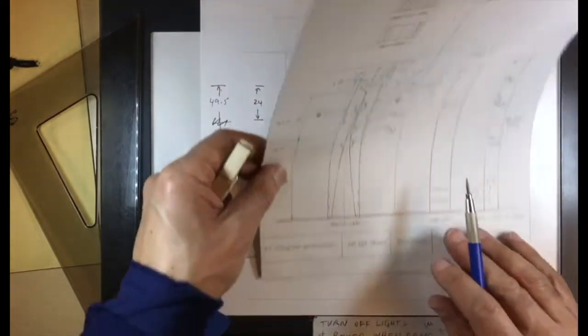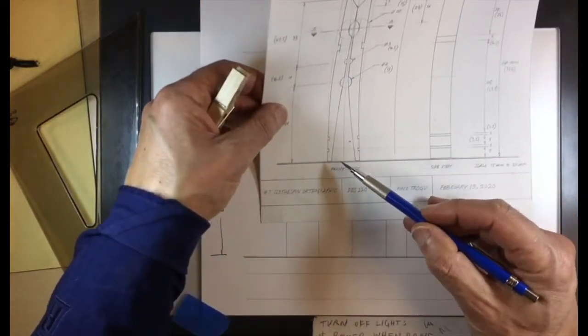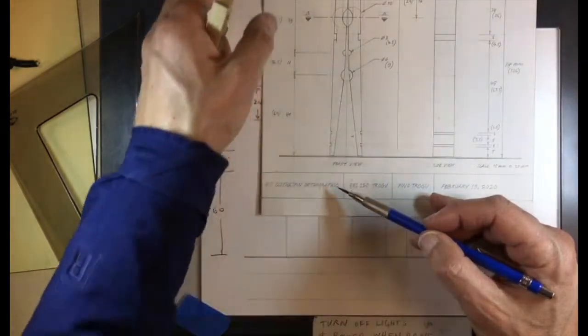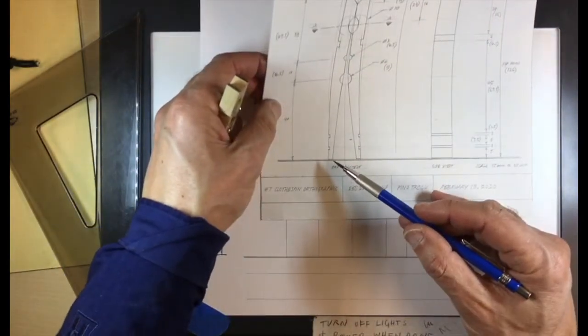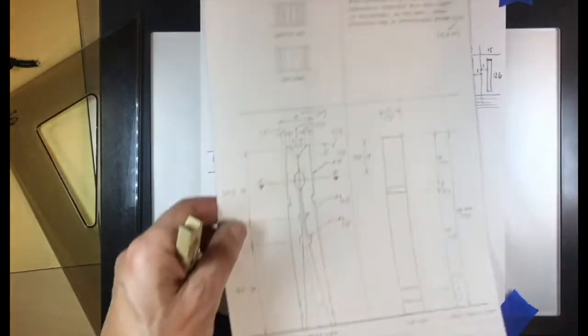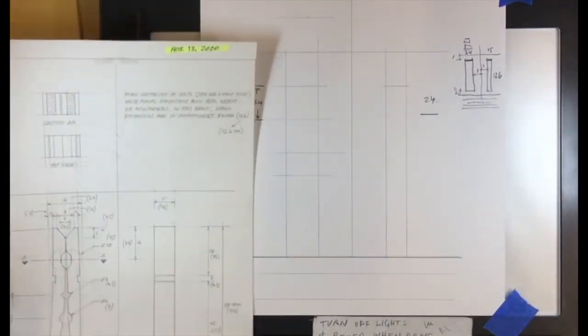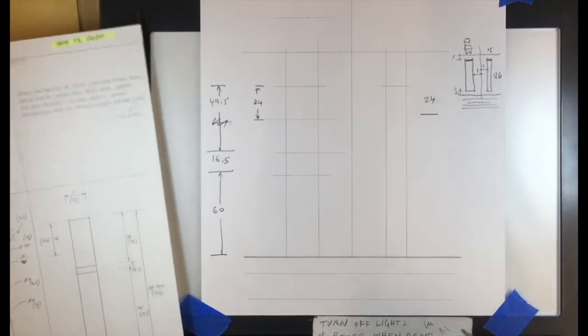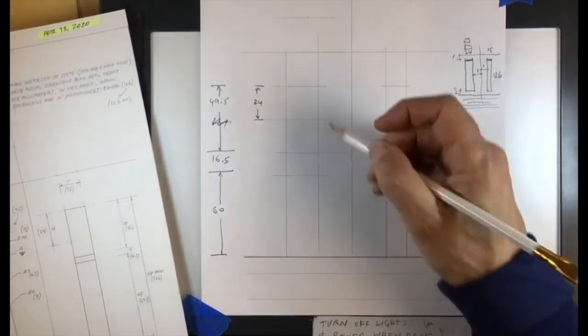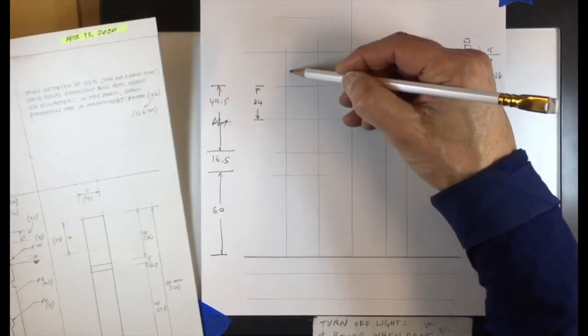And I didn't mark it here, but it's the same. Actually, it looks a little bit thicker. No, it's the same. We'll just say that these are also 2 millimeters or 3. So what that means is we're going to have these cuts.